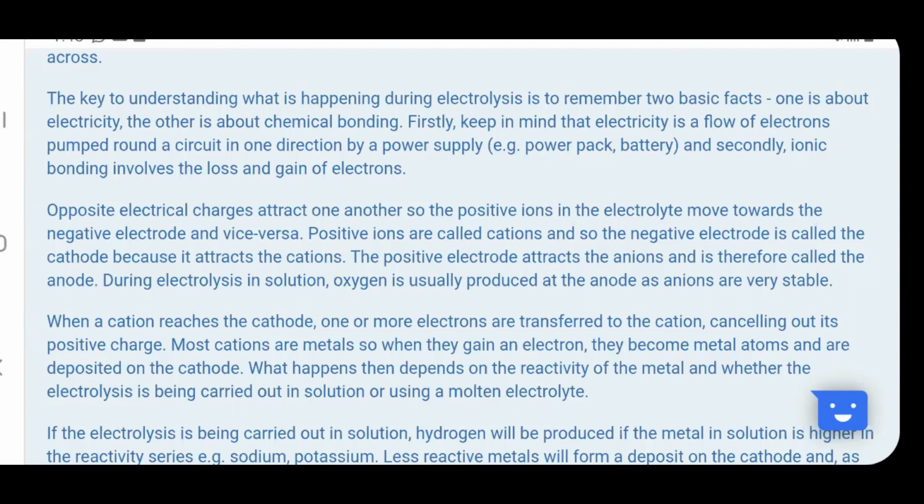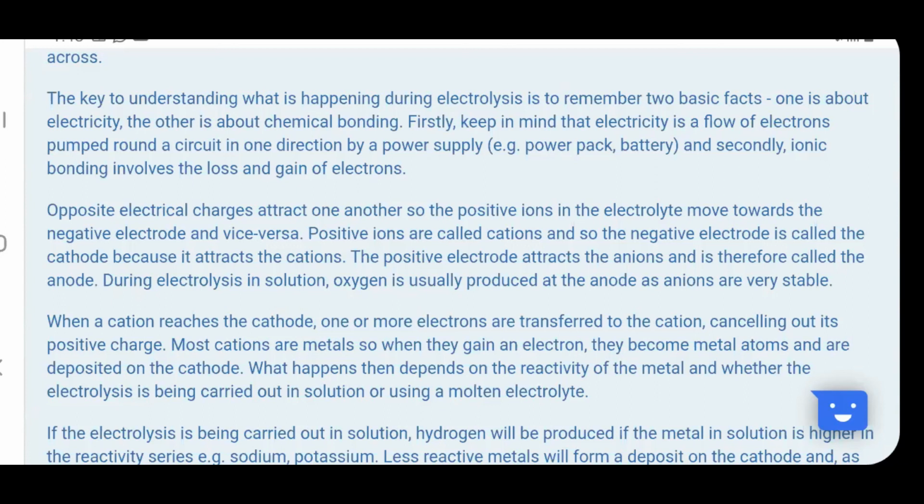If you have a copper sulfate solution, remember the solution is the key because it tells you it has water inside. So you have the H plus ions and OH minus ions, and also Cu2 plus ions and SO4 2 minus ions.